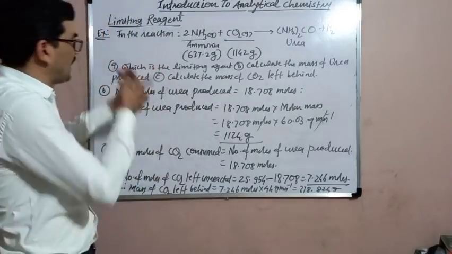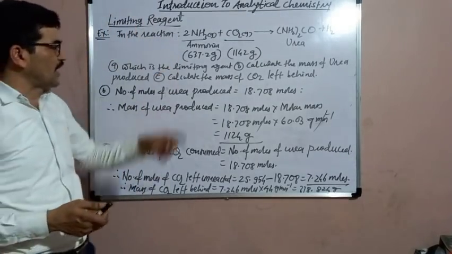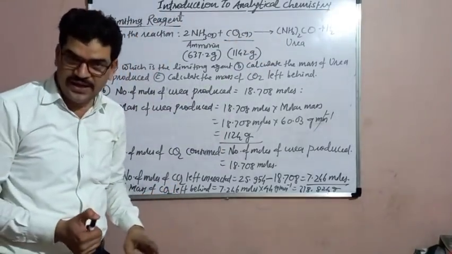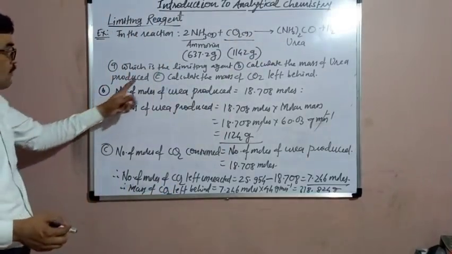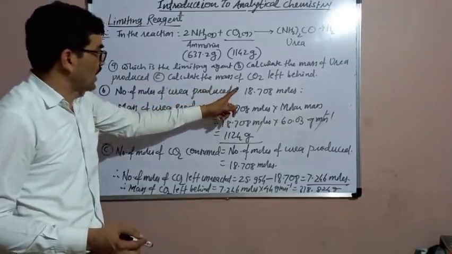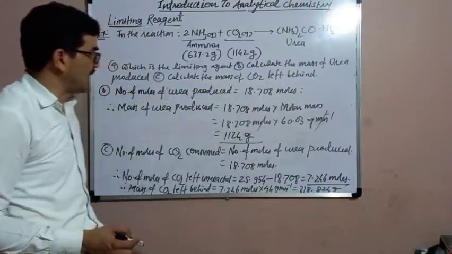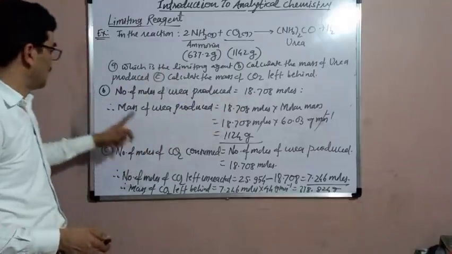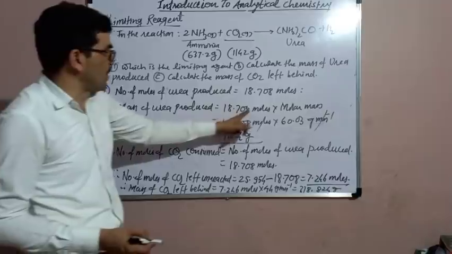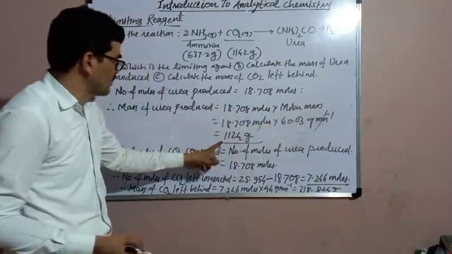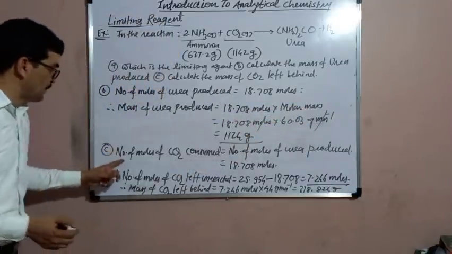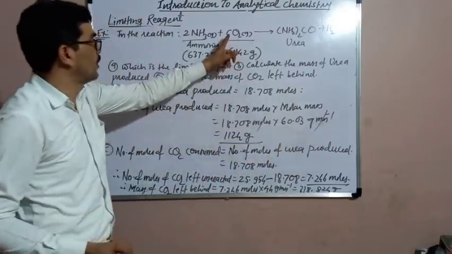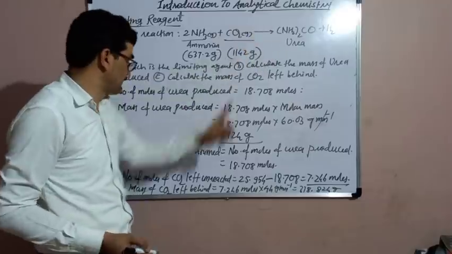Means out of the two reactants, ammonia is the reactant which gives lesser number of moles of urea. Therefore, ammonia will be the limiting reagent. Then number of moles of urea produced equal to 18.708 moles, that is number of moles of urea produced from the limiting reagent. Therefore, mass of urea produced equal to number of moles into molar mass of urea, 1124 gram. Then number of moles of CO2 consumed equal to number of moles of urea produced, because the stoichiometric coefficients are equal here.